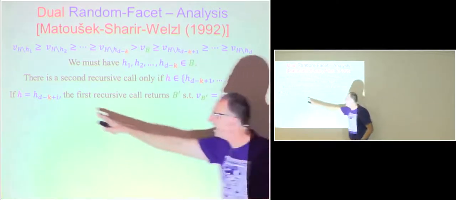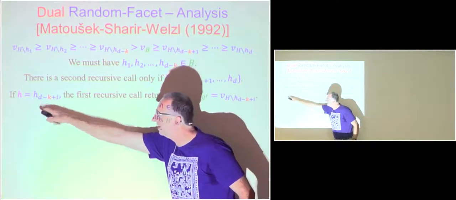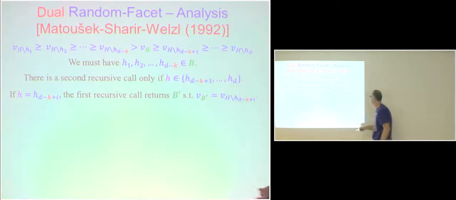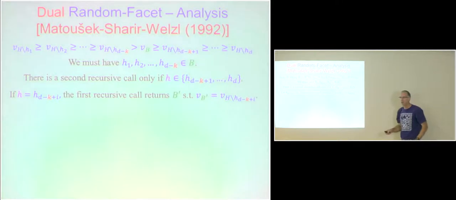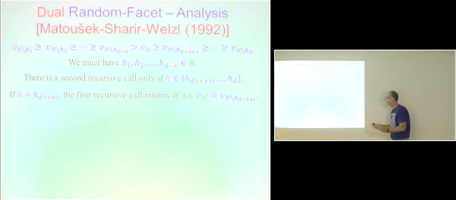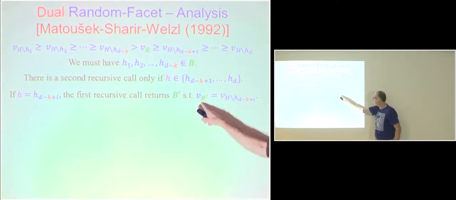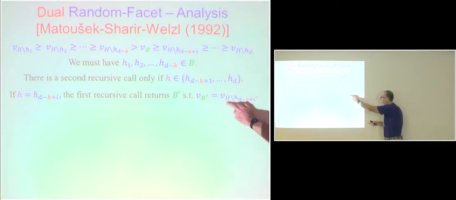Suppose we chose the i-th item of this subset, so little h is h d minus k plus i. What happens? The first recursive call returns a basis b prime, such that v of b prime is exactly v of H, ignoring this inequality.